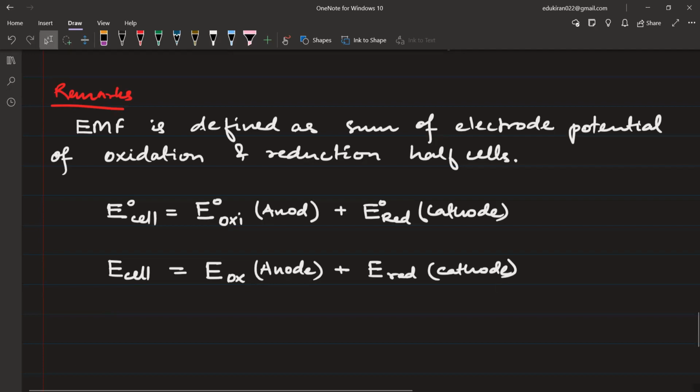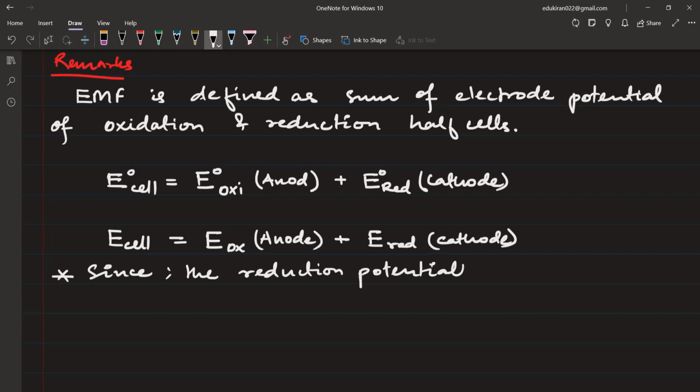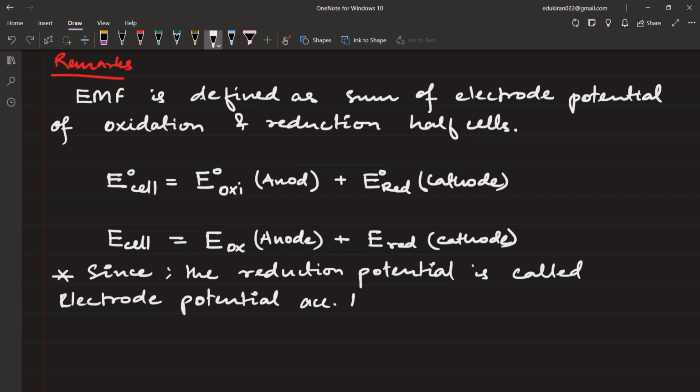Now you see here, the next point, since the reduction potential is called electrode potential according to IUPAC.